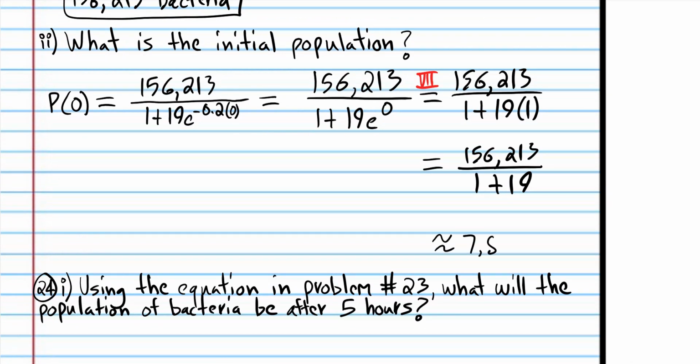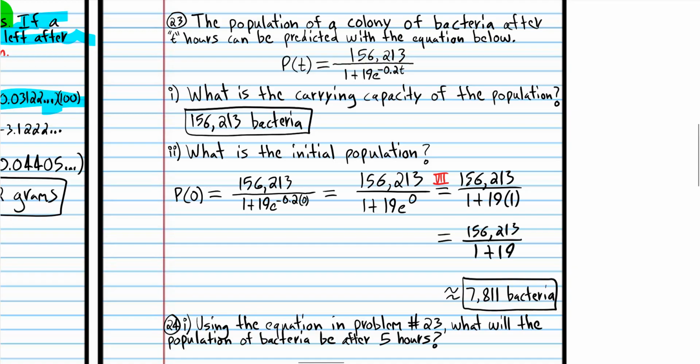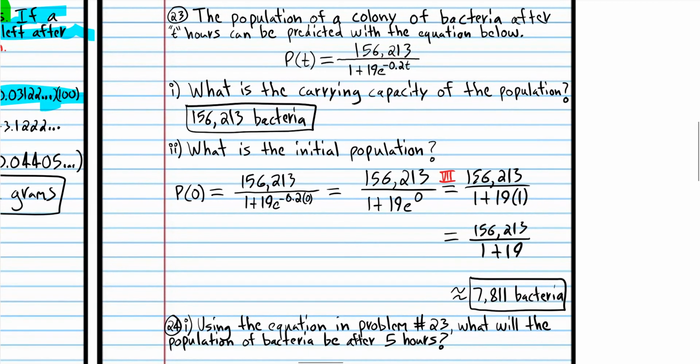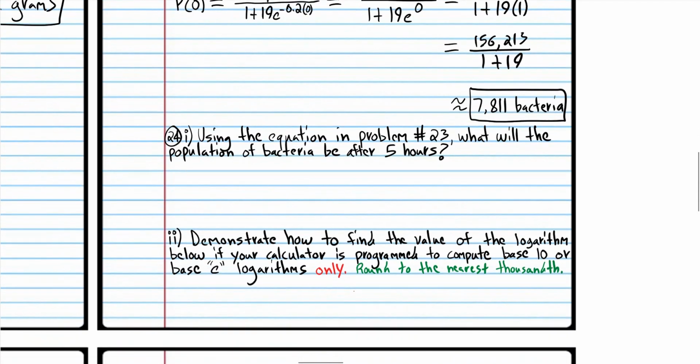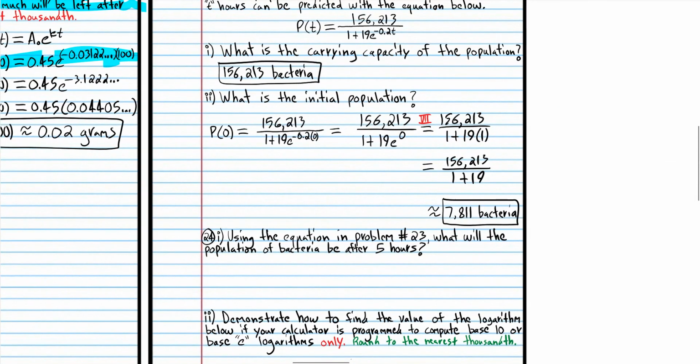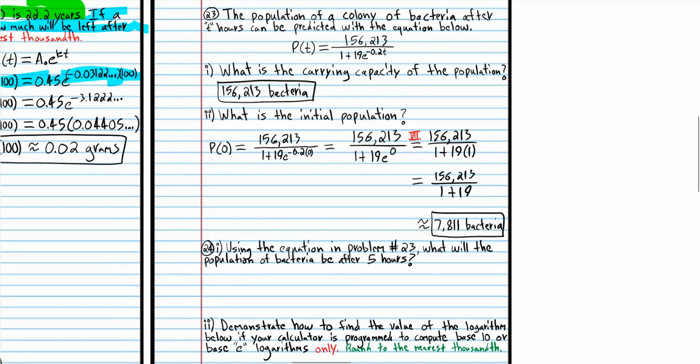So we have 7,811 bacteria. All right, so if you got that answer, good job. Okay, so go ahead and try number 24. Number 24 asks you to use this same equation. So try part 1 of 24, and when you come back, we'll do it together.